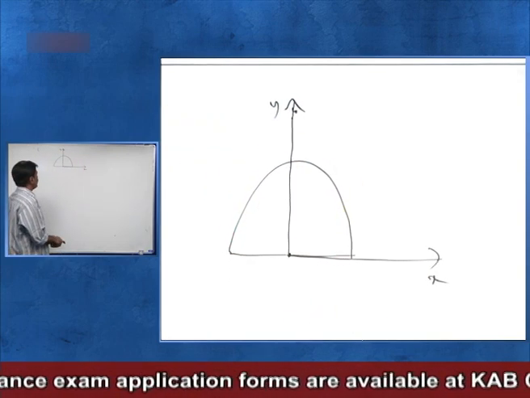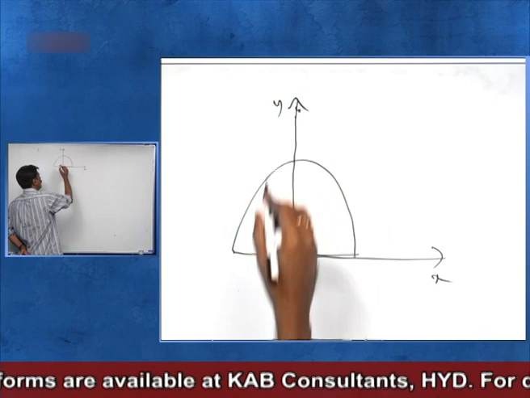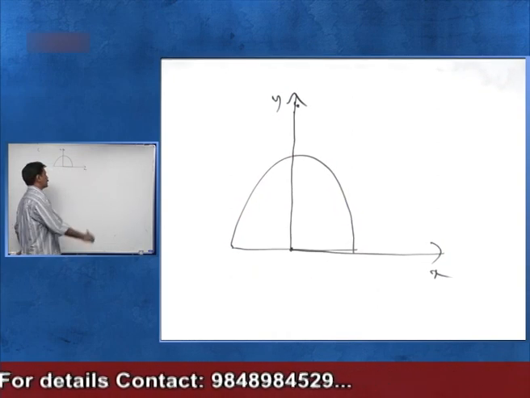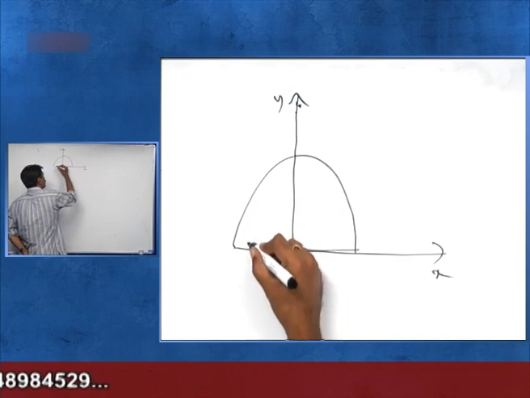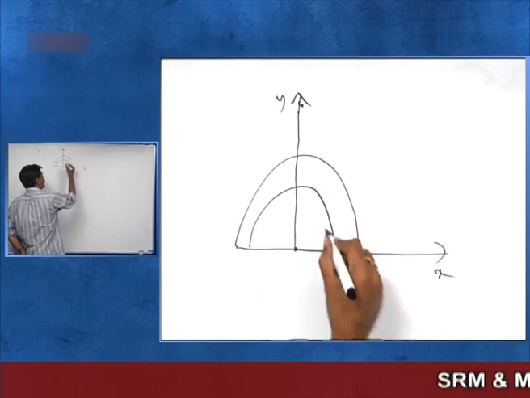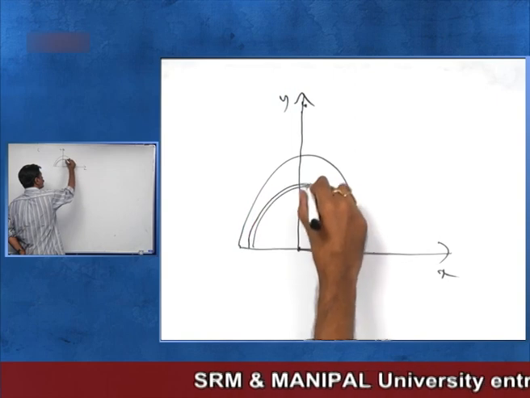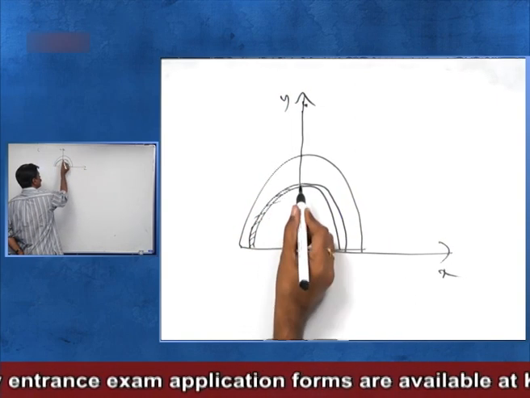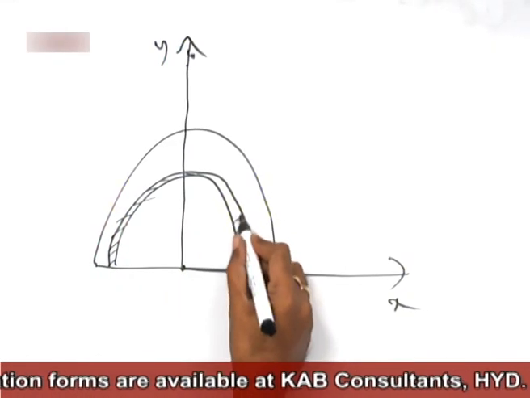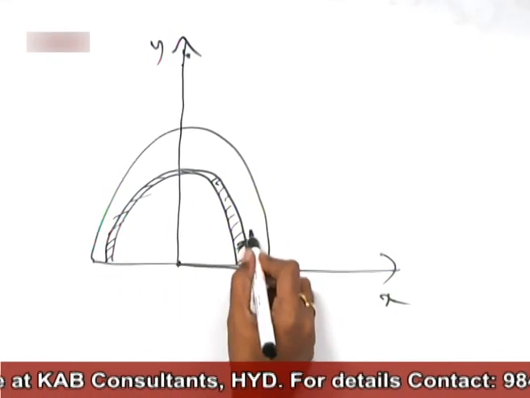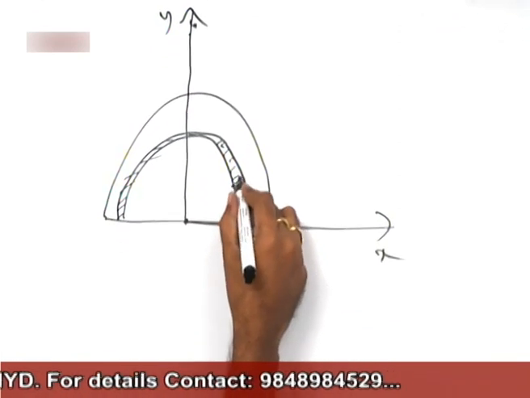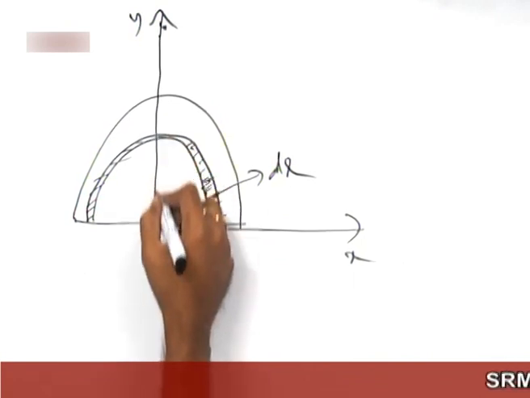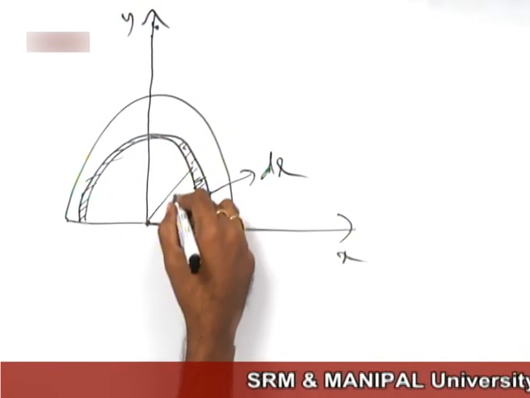To find the y coordinate of center of mass, let us use the previous result, that is the semicircular ring's result. For that purpose, you choose a small semicircular element like this, whose thickness is dr. Let the radius of this be r.